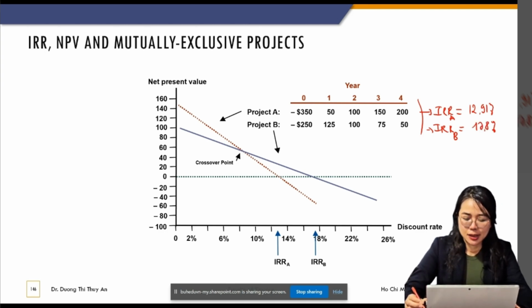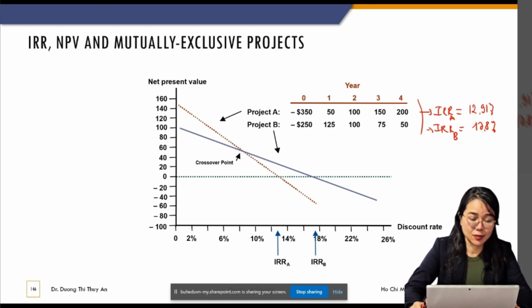So if we just take a look at these two projects, we thought that project B may be better because it has higher IRR. Higher IRR means the required rate of return of the project can be 15%, but the project still has positive NPV.